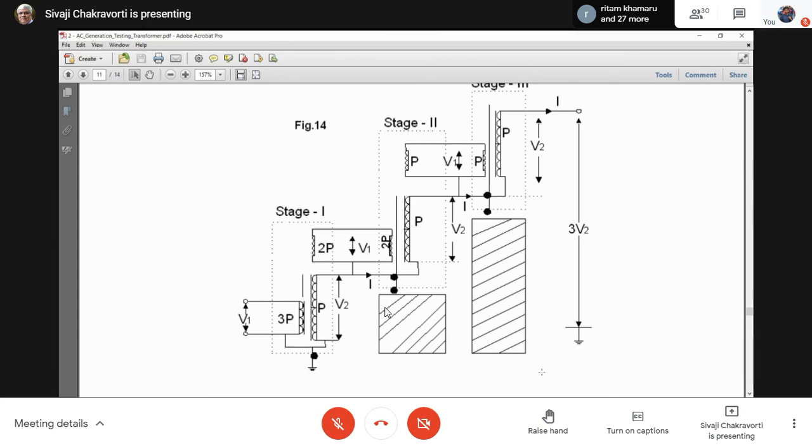This block, what I have shown here, the rectangular block, is an insulating structure of, let's say, 250 kV. Then the lower terminal of the third transformer is at 500 kV. So I need an even bigger supporting structure on which I put it. So this way, we have to put the transformers on insulating supports.